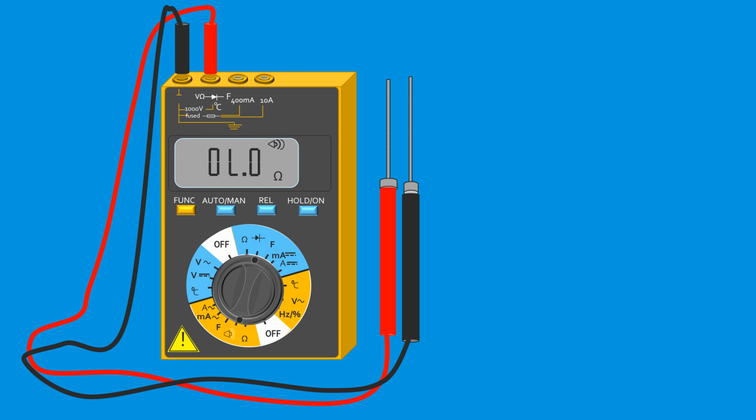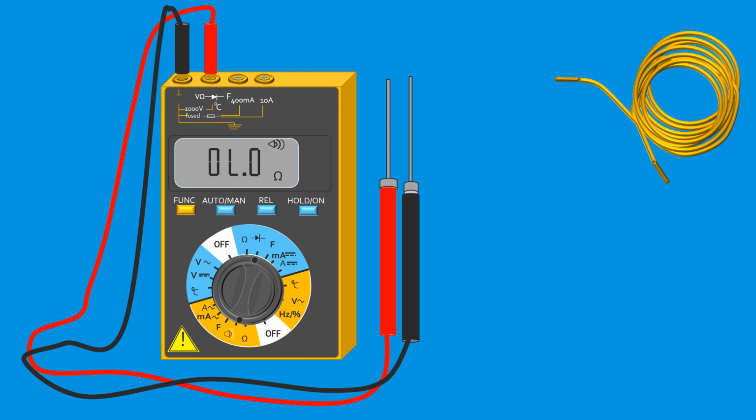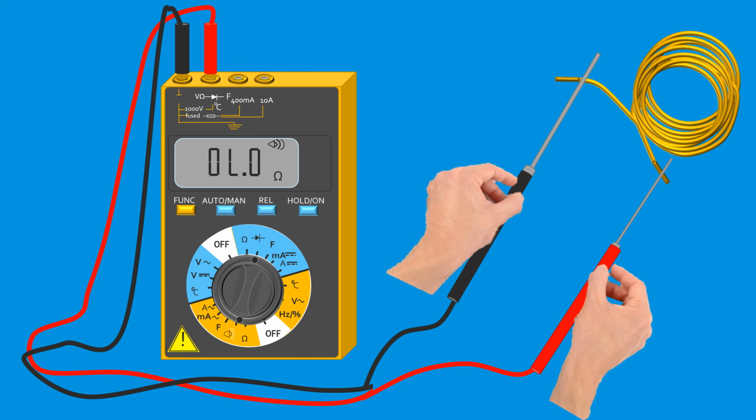Check the continuity of the conductor cable, see resistance on the screen and hear a continuous beep sound. If no beep sound is heard and no resistance is displayed, then the test conductor is discontinuous.